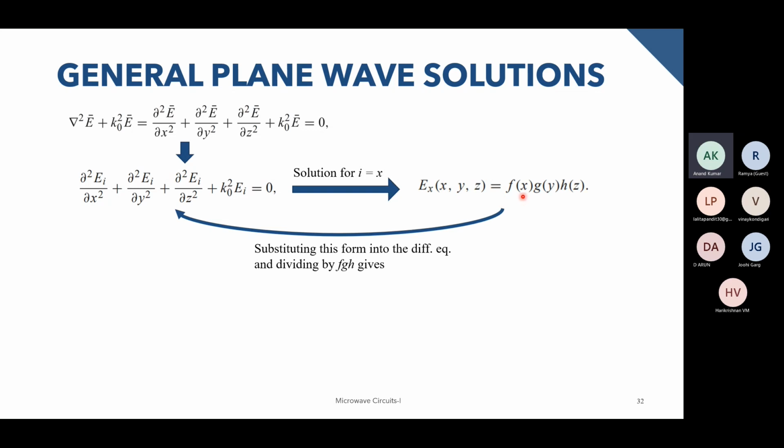Since we have our assumption of the solution, we again substitute it back into this differential equation and divide by the functions f, g, and h. This will end up with an equation looking like this, where f double dash, g double dash, and h double dash are the second order derivatives.